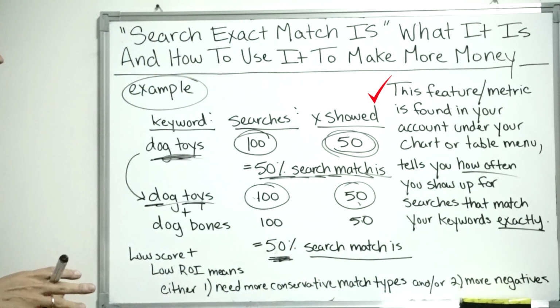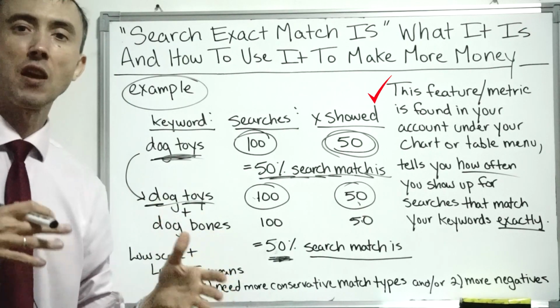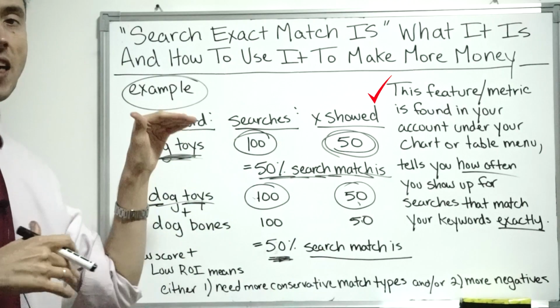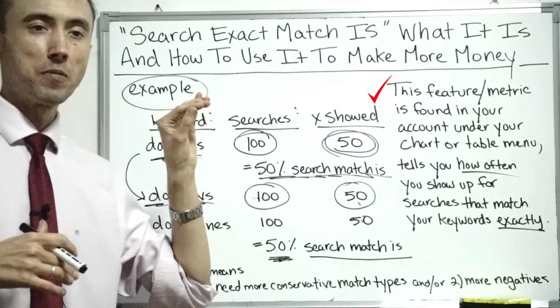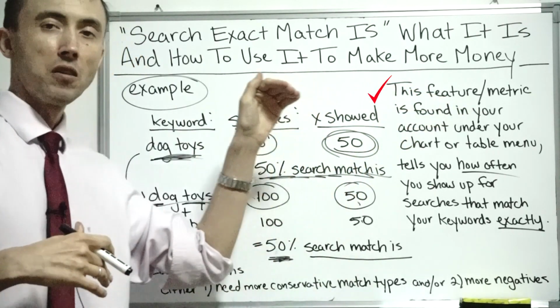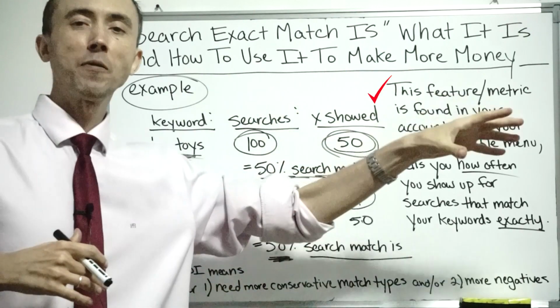Now, this is pretty confusing to wrap your head around because everybody knows what search impression share is for the most part. If you don't, that's, out of 100 times that people make a search on Google that match the keywords you're bidding on, how often are you showing up?